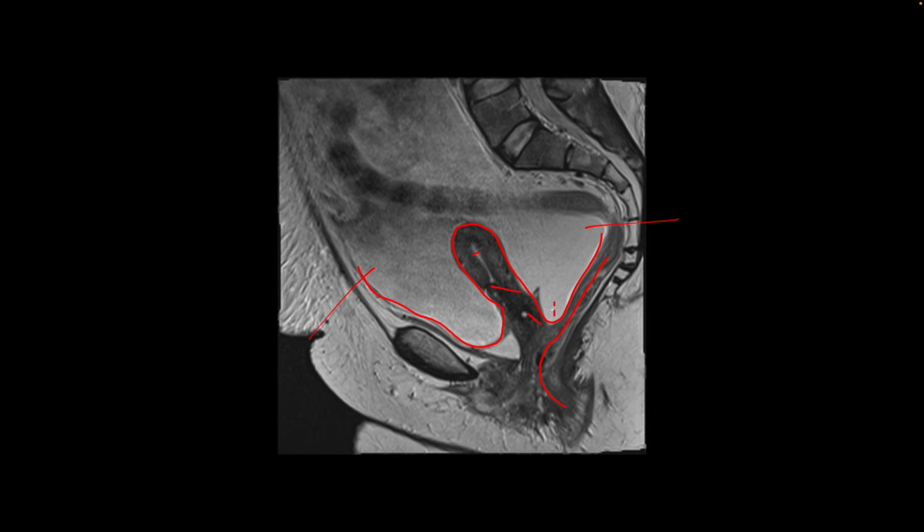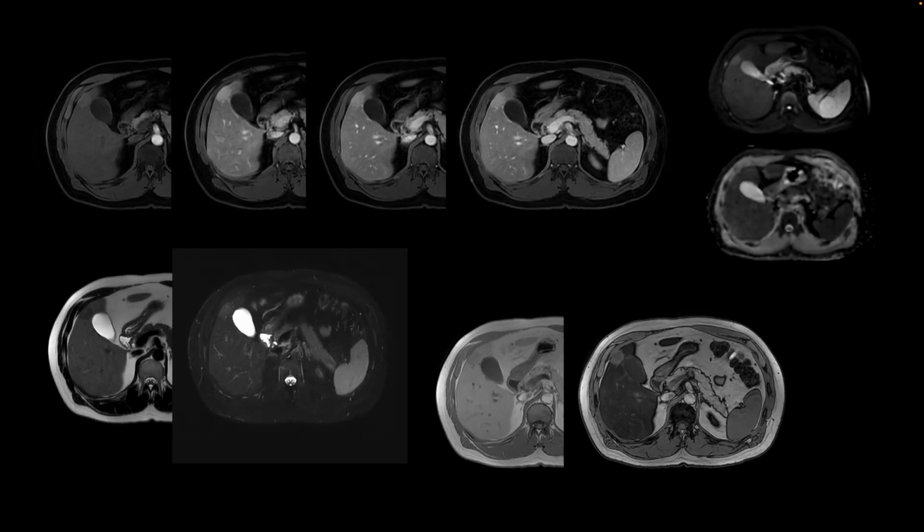So this focus is where it reflects from the uterus to the anterior wall of the rectum, and this is the site where it reflects from the bladder towards the uterus. So peritoneal reflections are better visualized when the patient has free fluid or ascites.